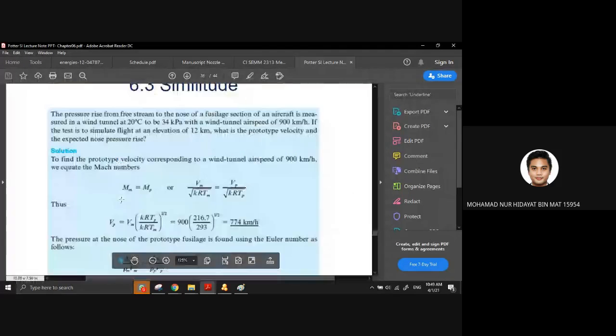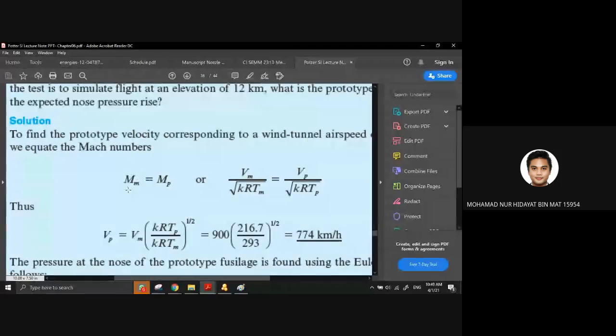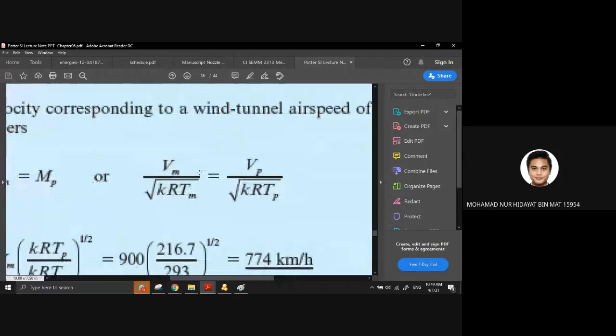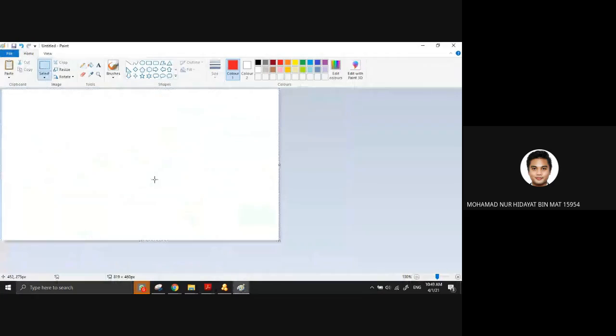So that is why you equate here the Mach number of the model equal to the Mach number of the prototype. Or in other words, we know that the Mach number is equal to V over C. C is the local speed of sound.